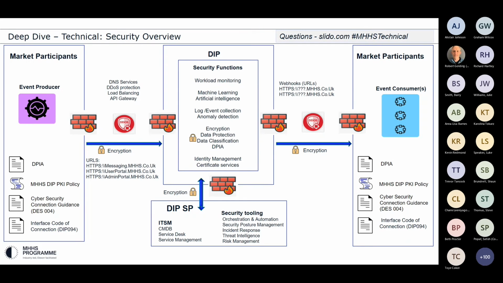Again, in this diagram, I expanded a little bit more to show the type of services that the DIP service provider will be bringing into this in terms of how it looks at the security posture of the DIP, how security events and notifications will be interacted between the DIP service provider and the DIP.